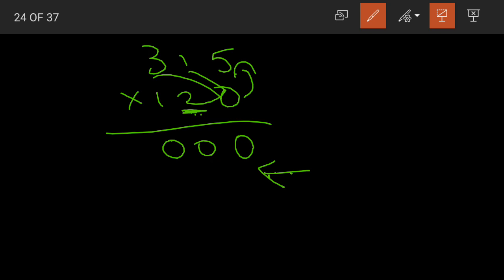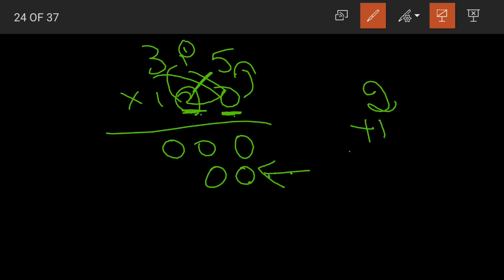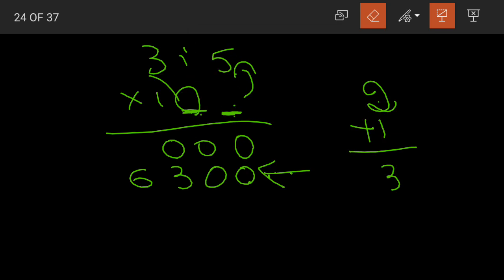But before multiplying, after 2 we have one digit here. So place 0. Then start multiplying. 2 fives are 10, 1 carried, 2 ones are 2. Remember to add the carried number, children. 2 plus 1 is 3, 2 threes are 6. Yes, so what did we finish here? We finished multiplying with the digits 2 and 0.